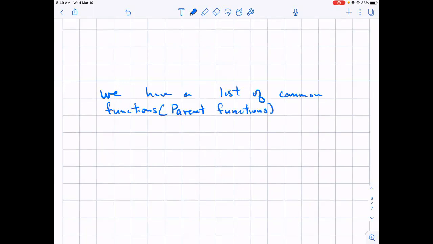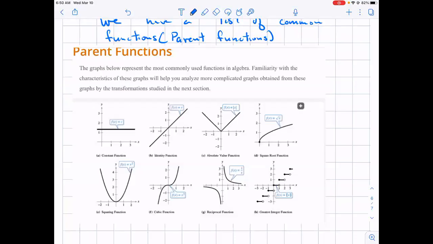So let's look at that list. Here's the list of the commonly used graphs in algebra.